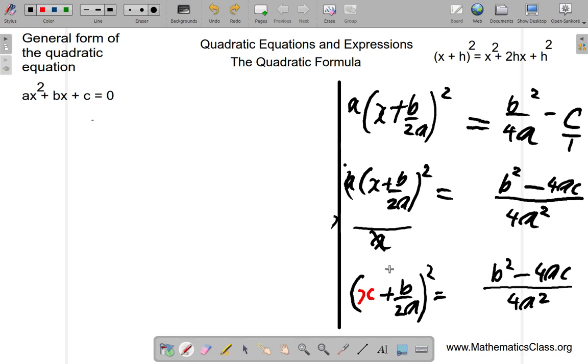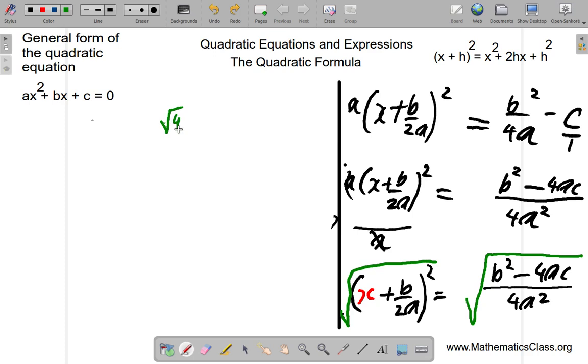look at this. What we can do here is square root both sides. We find the square root of x plus b over 2a all squared, and we must square root both sides. Now, when we square root all of this, there's something you have to remember.